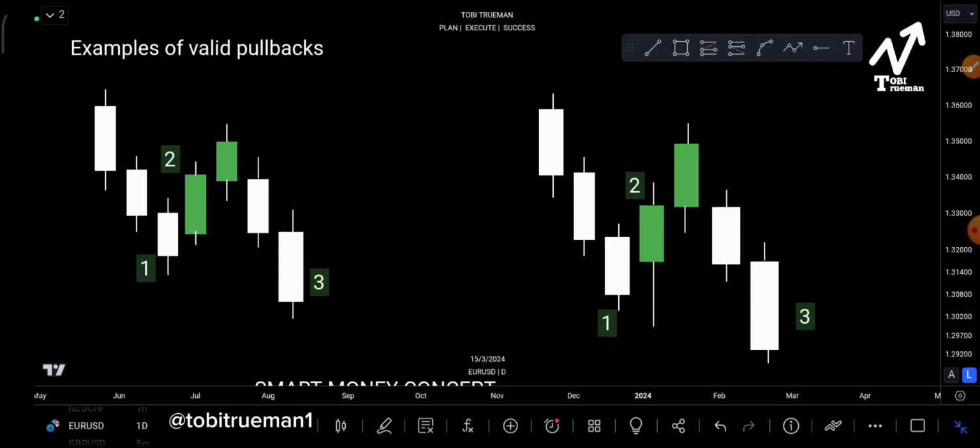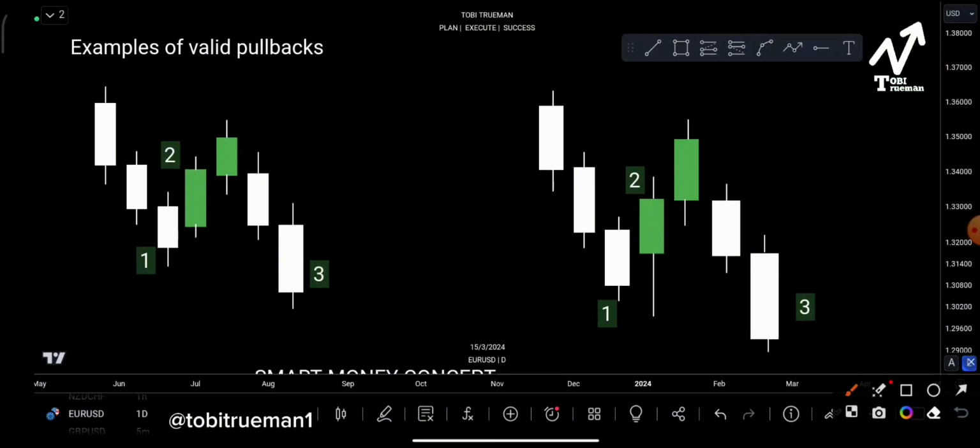Because if your inducement is not correct and you form a market structure with that invalid inducement, you will be making a lot of mistakes. A lot of errors may happen, thereby losing money. So we have to pay attention to identify our valid pullback. With that, we can identify our valid inducement and then continue to work with that information.